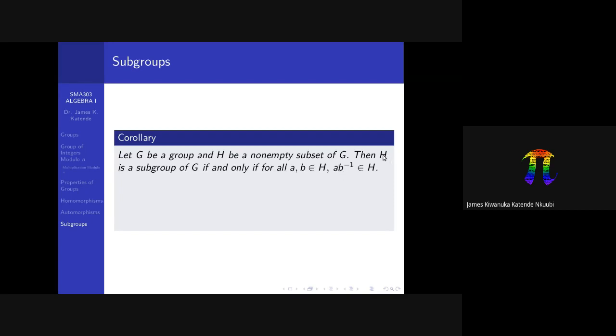Simply confirm that the subset is non-empty and pick any two elements in the subset and show that the product of the first element and the inverse of the second element, in this case A and B, will be in H. And that again is sufficient to show that it is a subgroup. So the two can be used interchangeably. You don't use both. You can pick this one or the first way to do it.